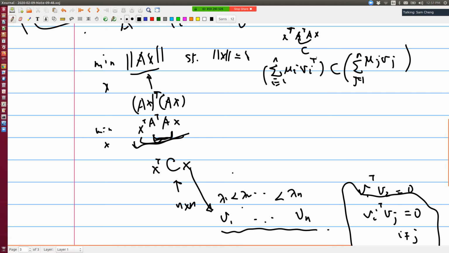Now all the v's are eigenvectors of C, right? So what is C multiplied by this guy then? What is C multiplied by x here? C multiplied by this.